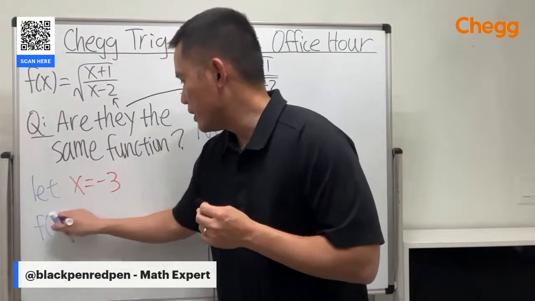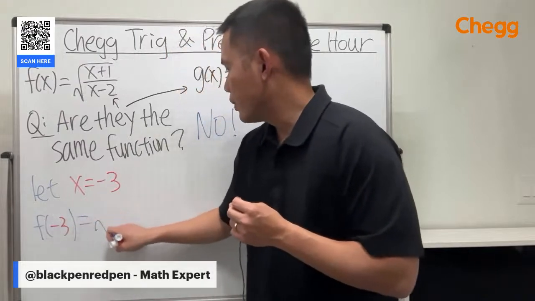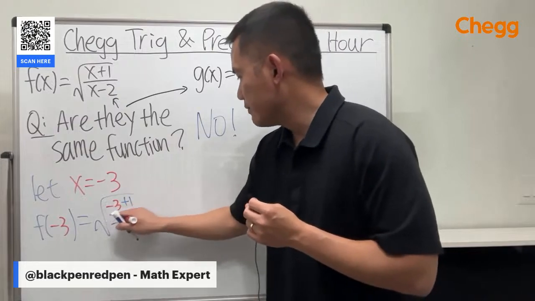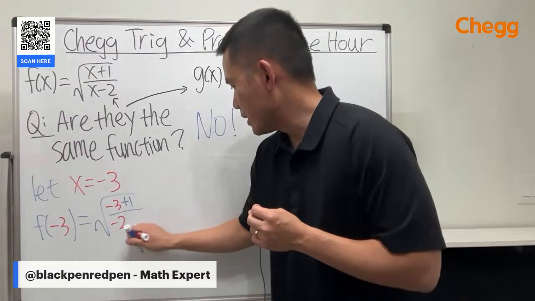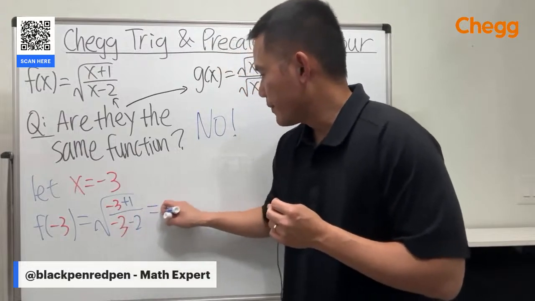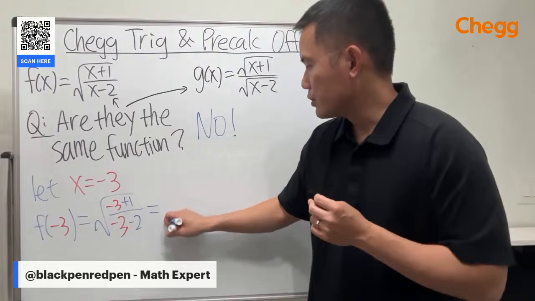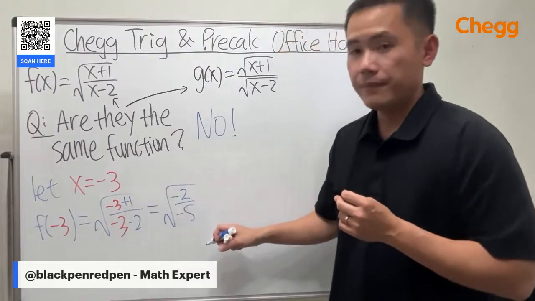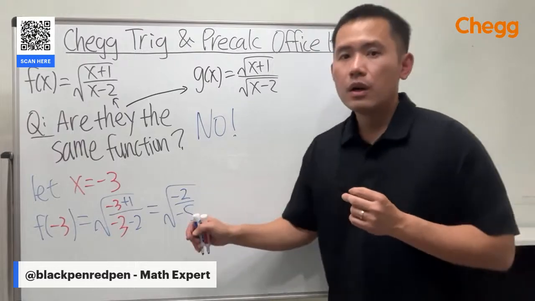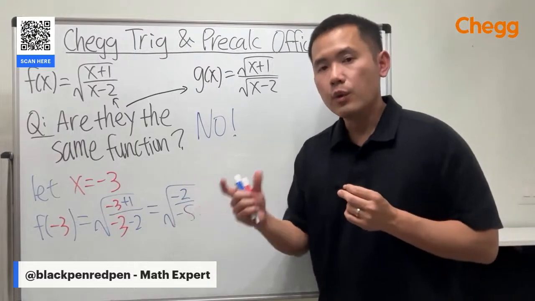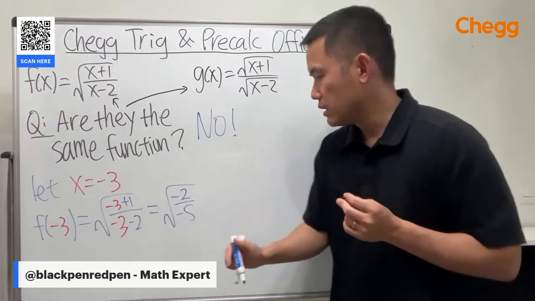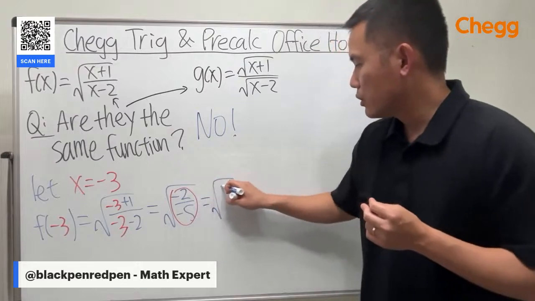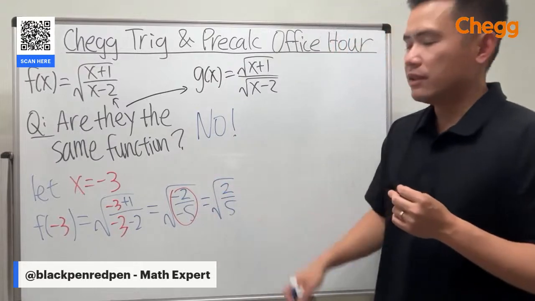Plug into here, then we get f of -3, which is square root of -3 plus 1 over -3 minus 2. This is -2 on the top over -5. Because the expression is written like this, we have to do this inside out. You work out inside, that's positive 2 over 5.